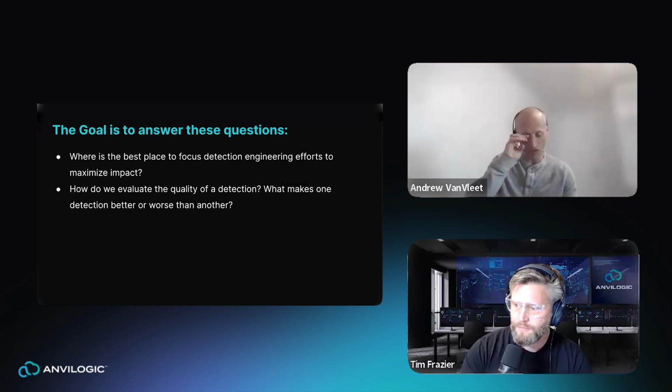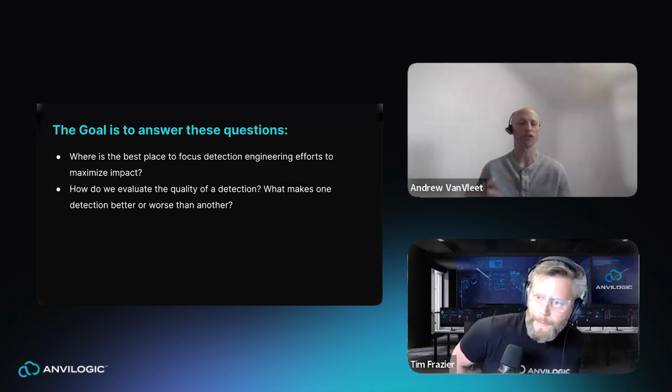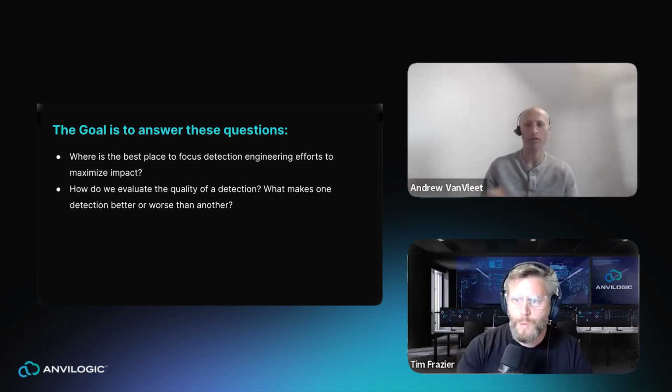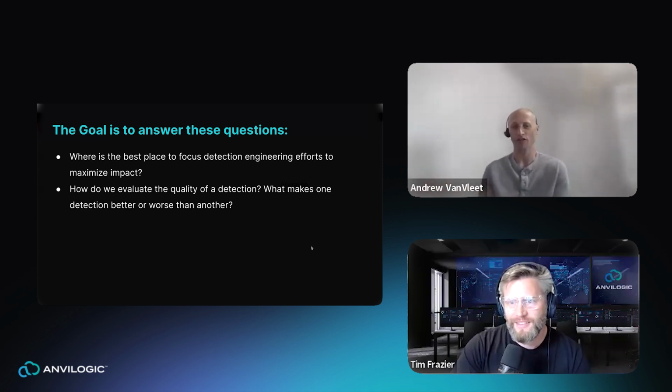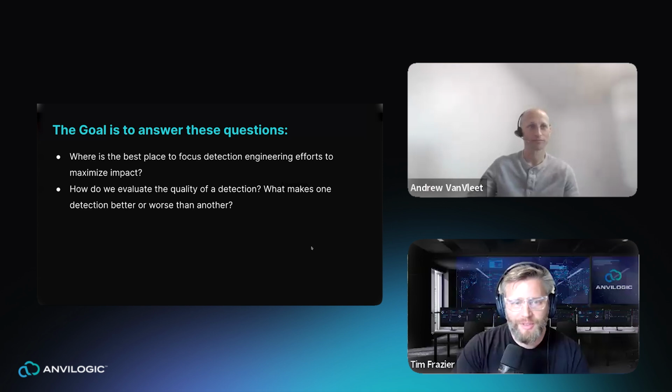And my goal was to add a little more objective analysis to what pattern would make a better detection than the other, rather than just being my opinion versus your opinion and how many years we've been doing it. So that's what we're going to try to set up here, a way to objectively evaluate a detection and say this one is probably a better pattern than that. Yeah, that's a good point. We don't need to be in the room arguing over the emotional investment we have in our detections because we wrote it, right?